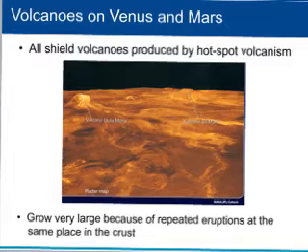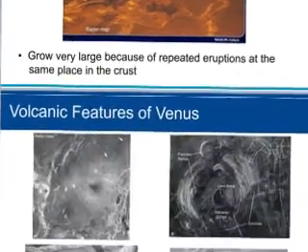They're pretty much like that bubbling cauldron that you would expect to see. So that's the hotspot volcanism. They've got a lot of hot activity going in there, like they're getting ready to erupt, and they grow very large because of repeated eruptions happening in the exact same place in the crust.